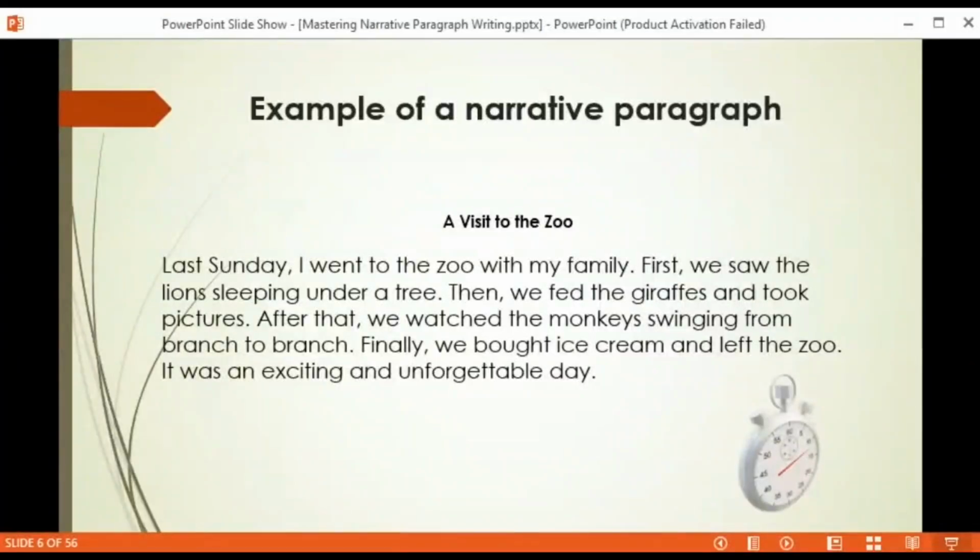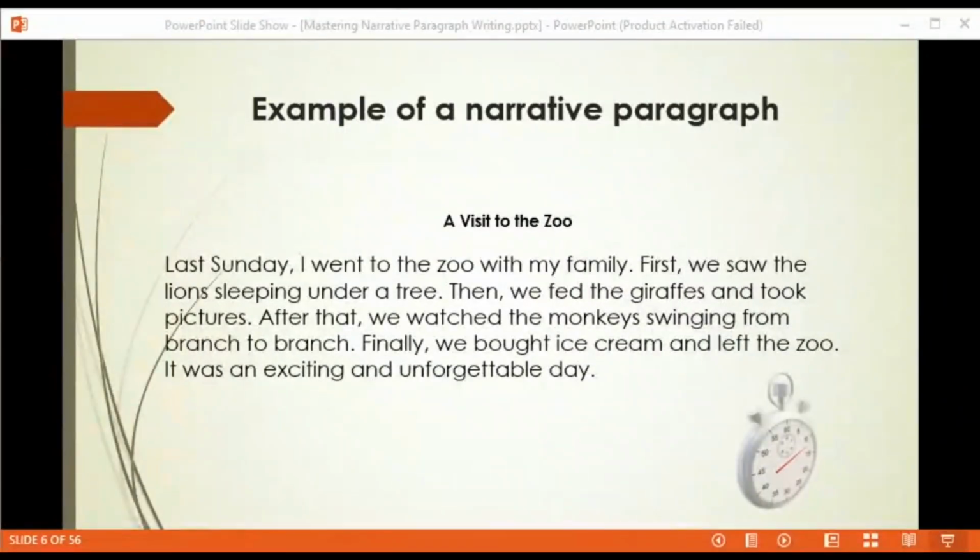Example of a narrative paragraph: A visit to the zoo. Who can read the paragraph? Who can read?